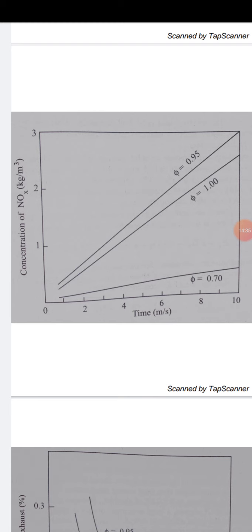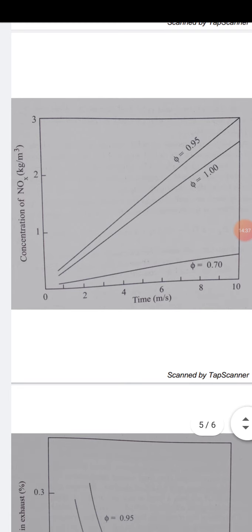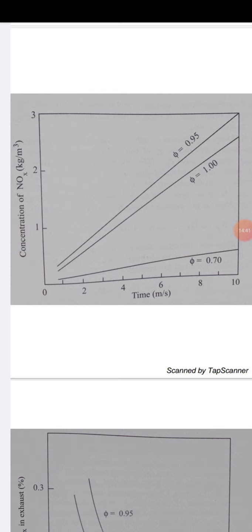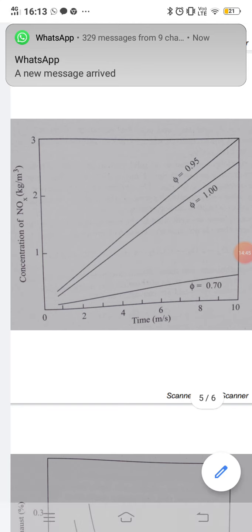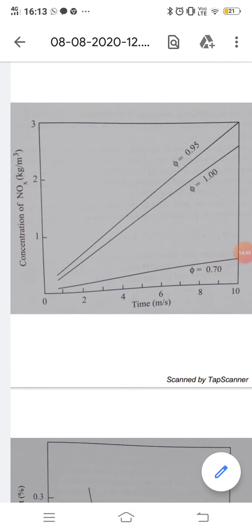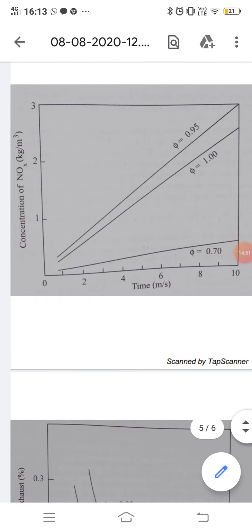Combustion duration plays a very important role in NOx formation, because if we delay the combustion process, taking too much time, and the combustion temperature is too high, then NOx generation is automatically high.